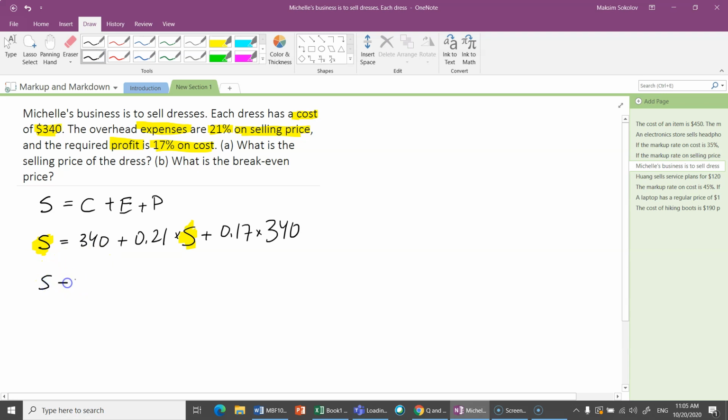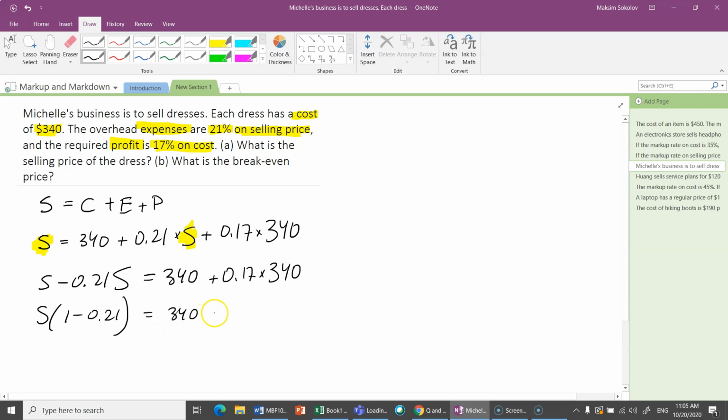We have S minus 0.21 S, and that is equal to 340 plus 0.17 times 340. We can factor out this unknown S, 1 minus 0.21, and here we still have 340 plus 0.17 times 340.